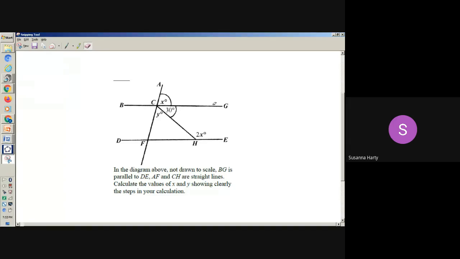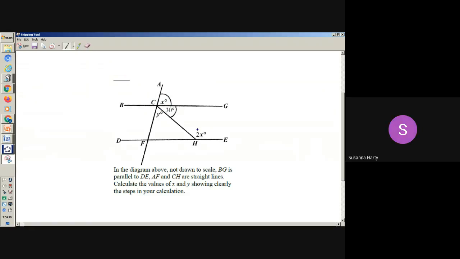So x plus 30 plus 2x is equal to 180. Let me tell you something. That is true only if it was like this, if all of that was x. No, it wouldn't work either.